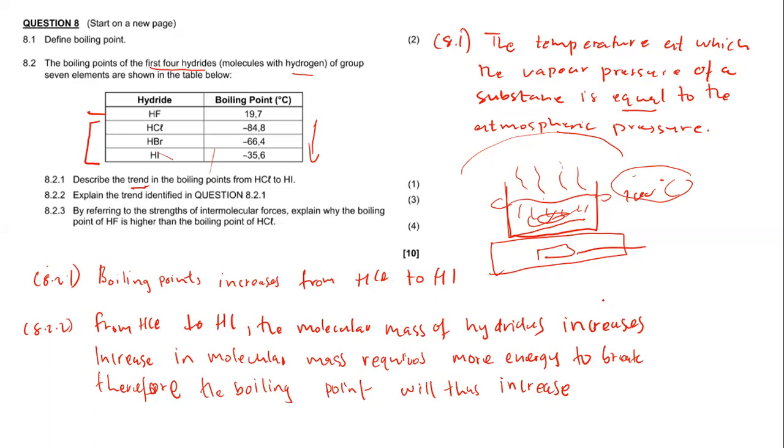When you answer this question, the keywords that are needed are these: from HCl to HI, the molecular mass of hydrides increases. An increase in molecular mass requires more energy to break, due to an increase in intermolecular force.